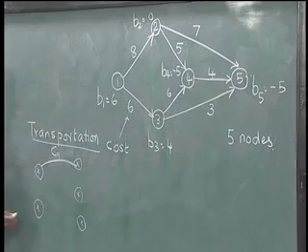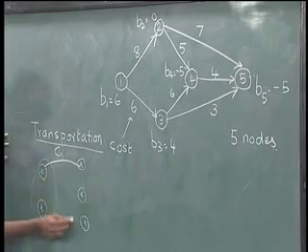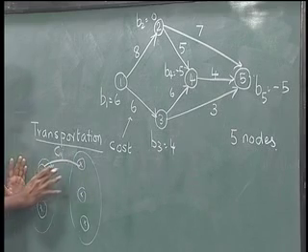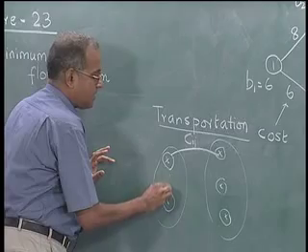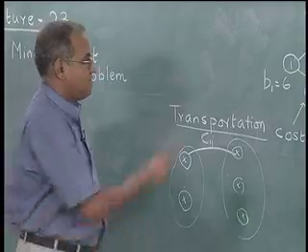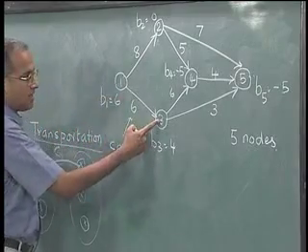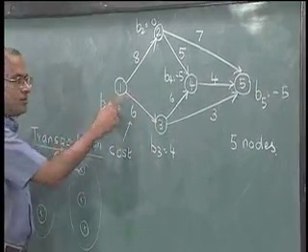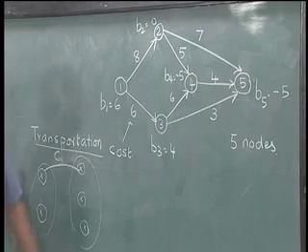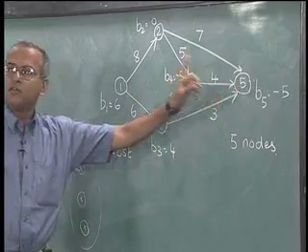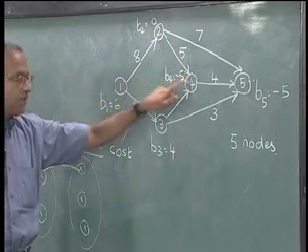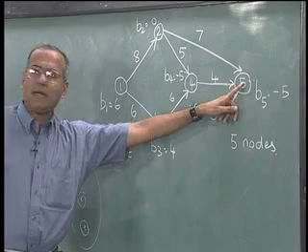The other difference is we realize that this is bipartite in nature, in the sense that there are edges that connect this set to this set, but we do not have edges connecting supply points or edges connecting the demand points. Whereas here we observe that there is an edge 1 3 which can supply from 1 to 3 and then subsequently transported from 3 to something. Similarly, there is an edge 4 to 5, 4 and 5 are demand points. It means something can go to 4 and after reaching 4 it can be supplied back to 5.